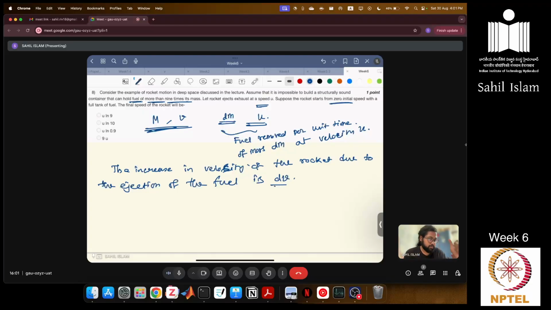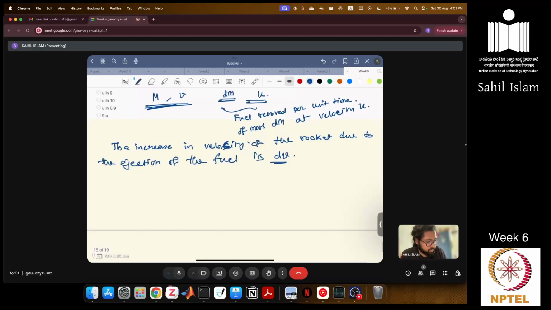So mv was the earlier momentum, and it becomes (m minus dm) times (v plus dv), plus the fuel, which has mass dm and velocity v minus u. So v was its original velocity direction and the fuel is removed in the opposite direction, so v minus u.